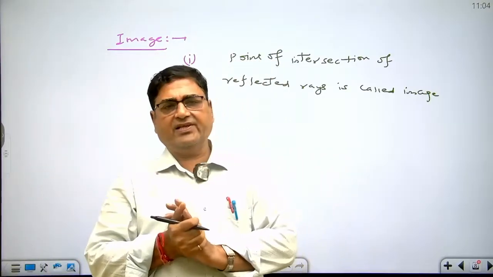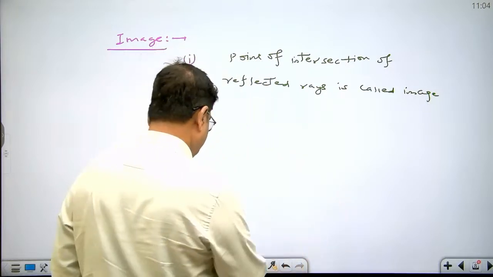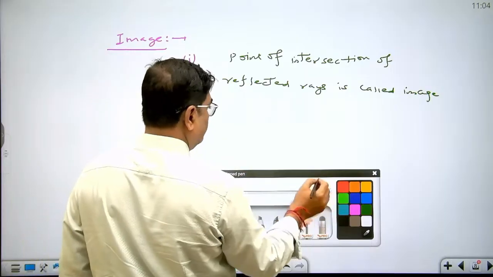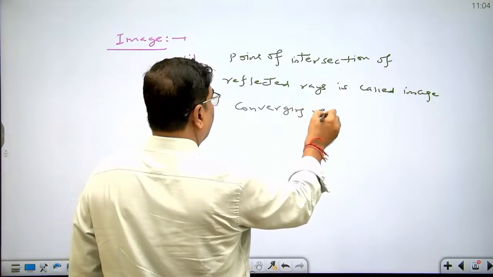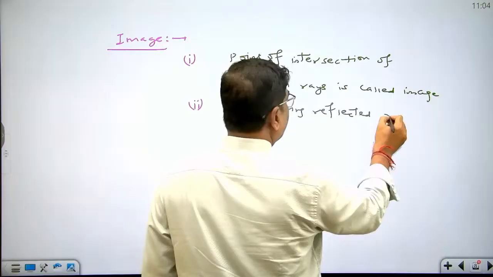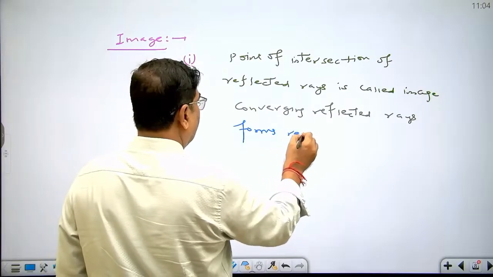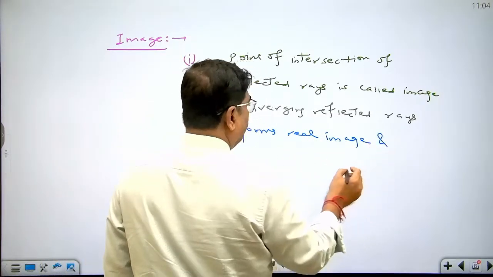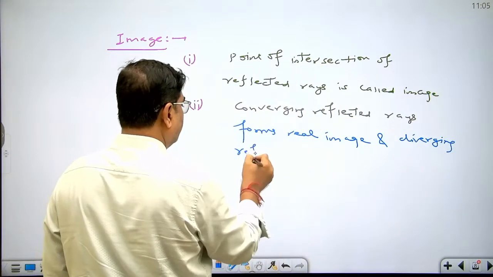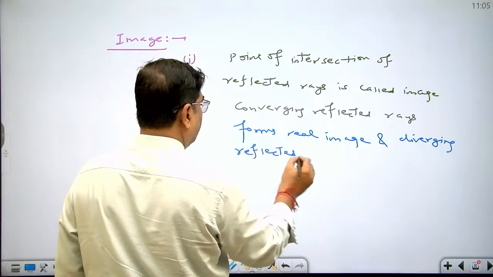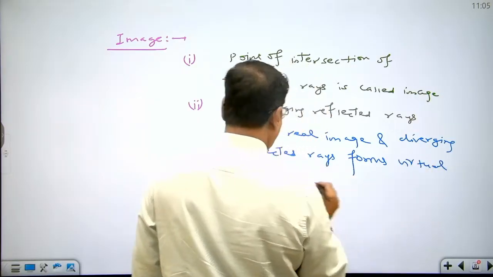Converging reflected rays form a real image, while diverging reflected rays form a virtual image.